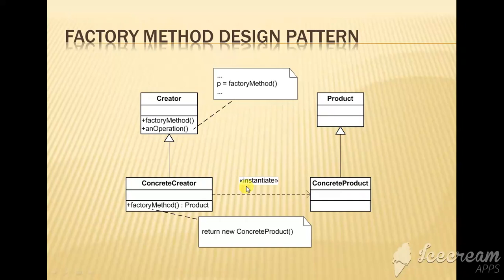These are the subclasses, and this subclass will decide to instantiate the concrete product. If you execute this, it will instantiate the concrete creator and an operation of the factory method, and the factory method will be taken into consideration, and it will instantiate this class. This is a factory method.